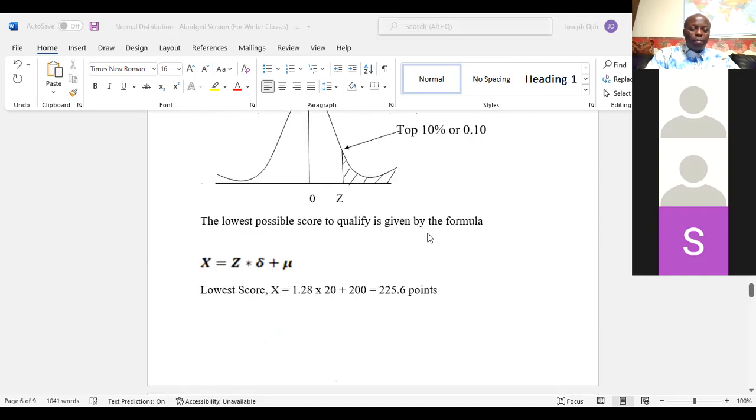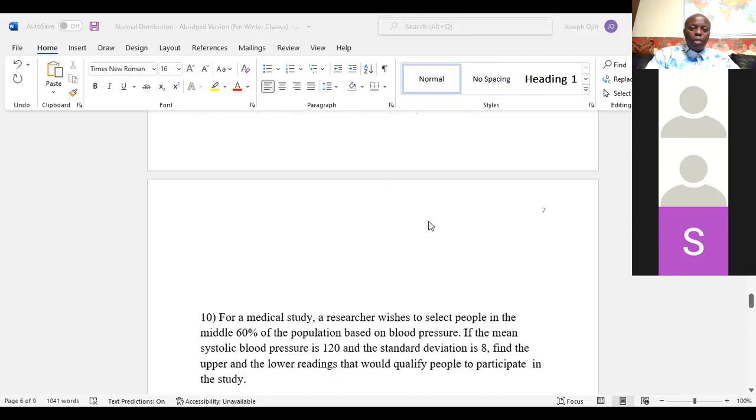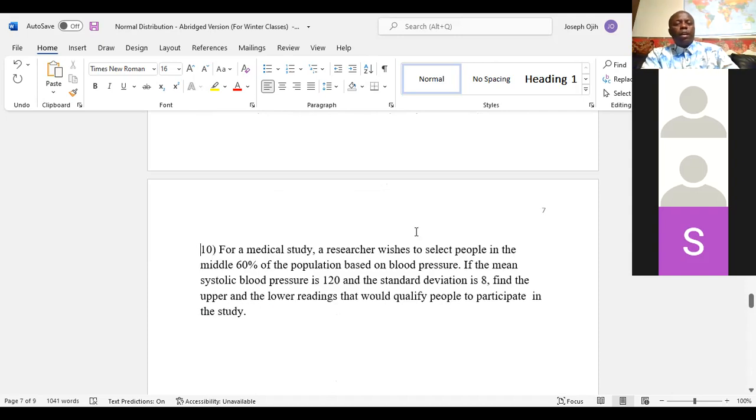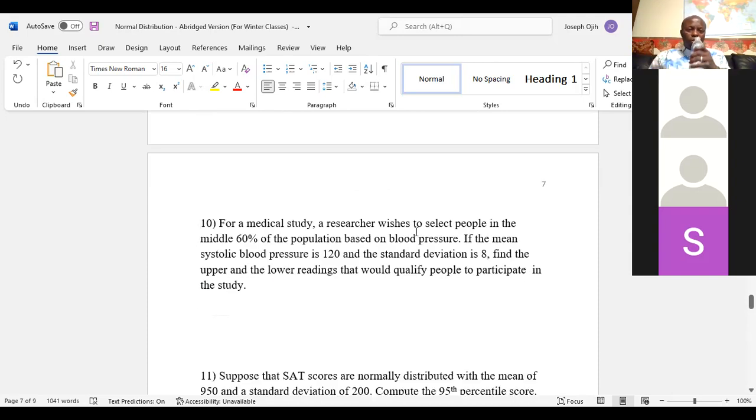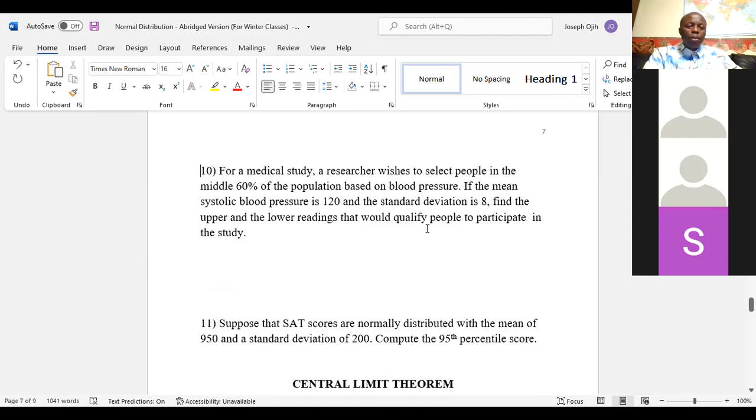Yeah, very good. Now let's try an example. It's really different from this one. It says, for the medical study, the researcher wishes to select people in the middle 60% of the population based on blood pressure.